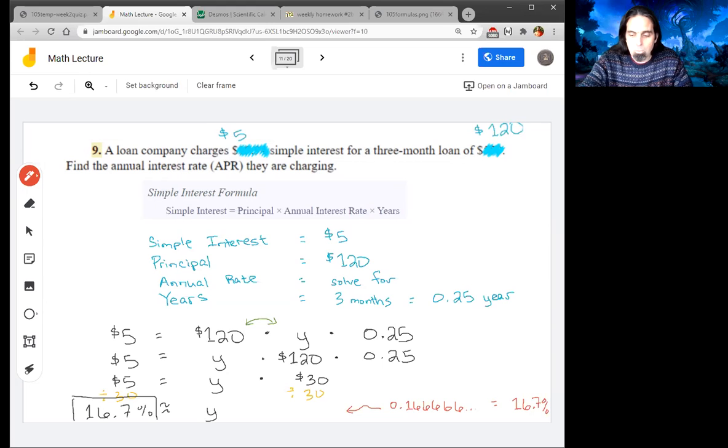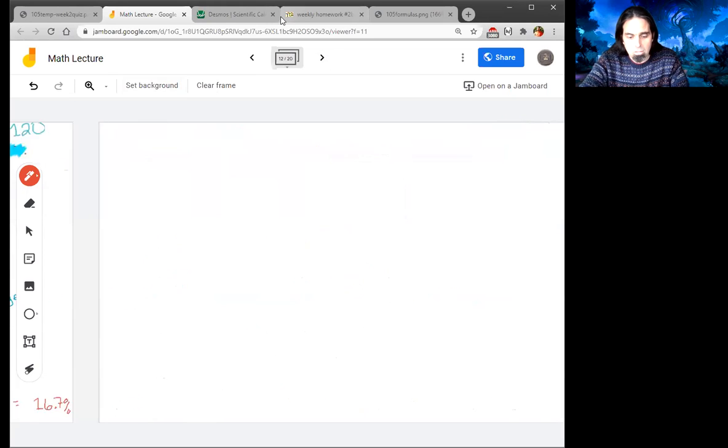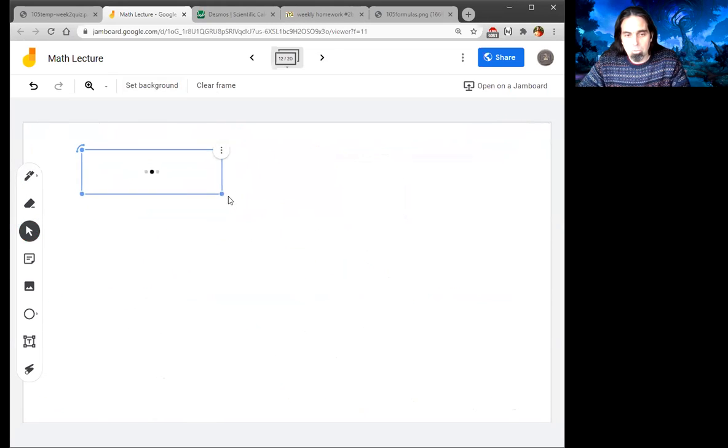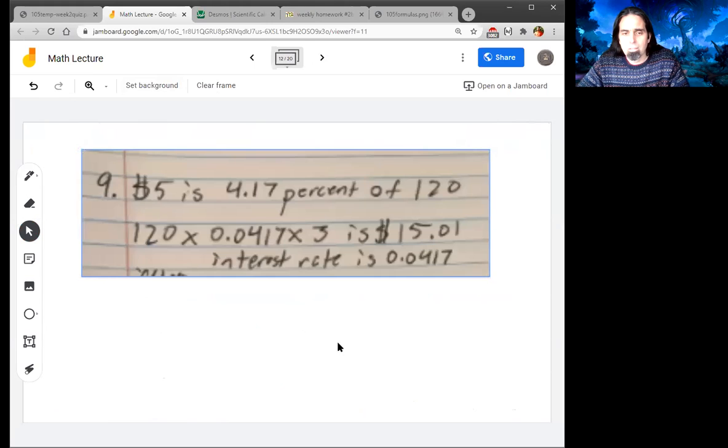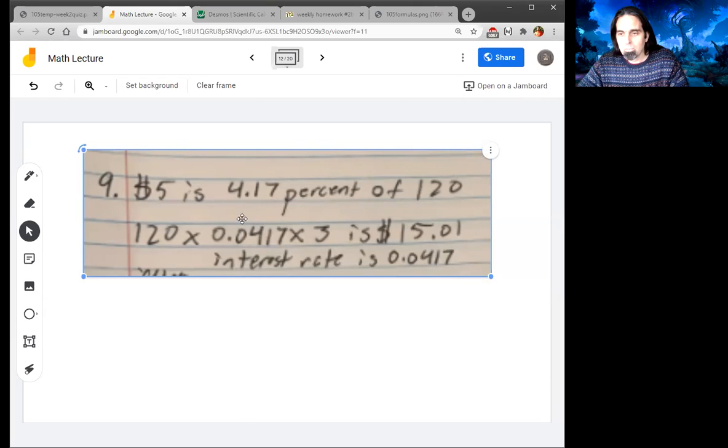There were a lot of people that wrote something that resembled this. Here's just someone's, as they turned it in. And I'm not sure where they got the 4.17 from. I think I do know that, but it's not obvious because that's not a number that's anywhere in there.